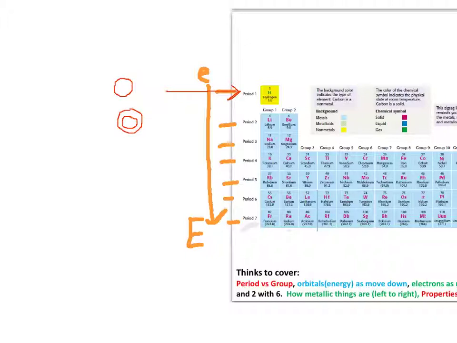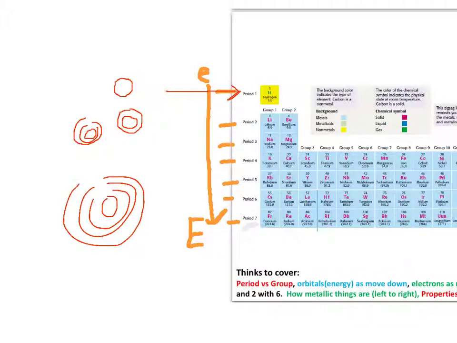And atoms in the third period have three shells, etc. And the atoms keep getting bigger the further you go down. And so basically, as we talked about before, as you get further away from the nucleus, the electrons have more energy. When they interact with each other, it's the outer shell of electrons, or valence electrons, that react with the world. And so the further out you go, you get an increased amount of energy in the chemical reactions.